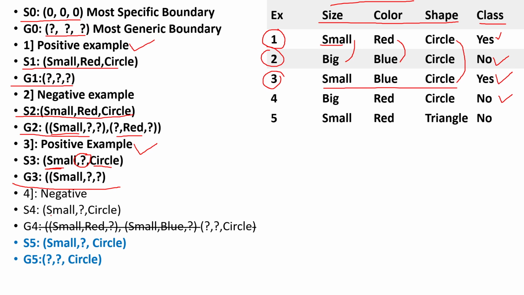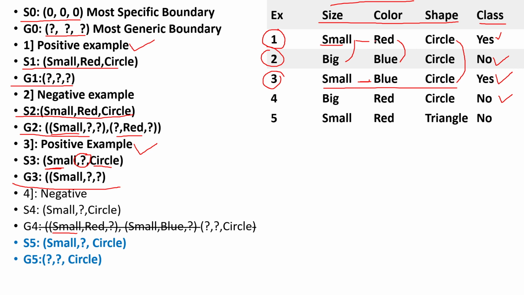So the specific is the same: small, question mark, circle. And in case of general, whichever is not there, you have to remove, because small we keep as it is. See here, small takes two possibilities. You don't take the unseen values, only the seen values. Small takes blue, small takes red. So there is an inconsistency.